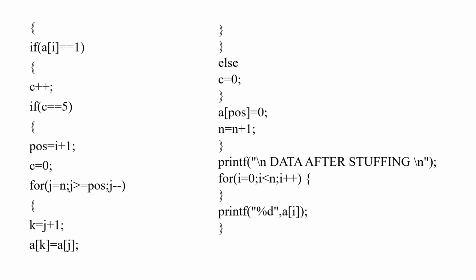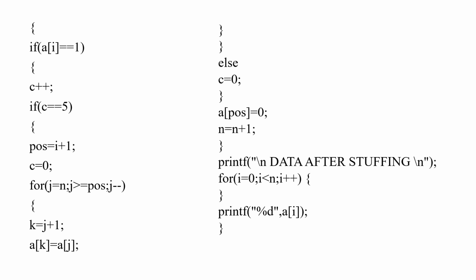If c is equal to 5, the position moves to the next position, that is, 5 bits are transferred. So one frame has 5 bits, the next frame has 5 bits, and like that you are going to create 15 frames.